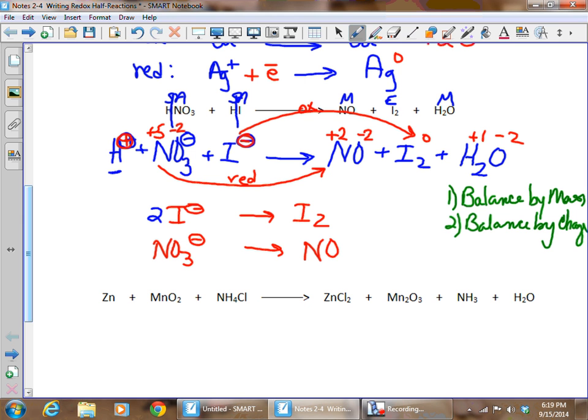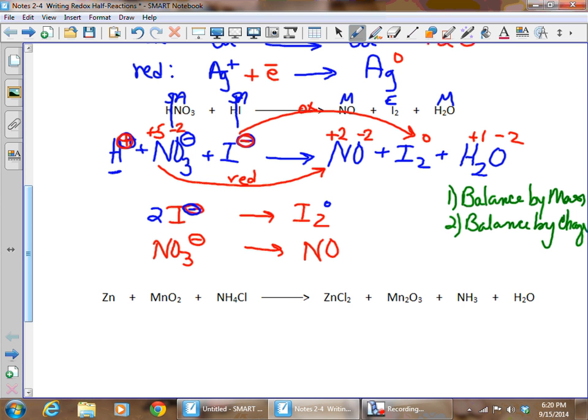Now we can think about charge. At first glance, it looks like we're going from a negative charge for iodine to 0. That looks like it's just a 1 electron change. But this is a very, very often missed situation. It's when we've got 2 atoms in play, 2 ions in play. There are 2 iodide ions being transformed into an I2 diatomic atom.